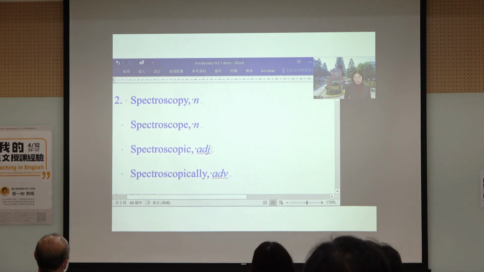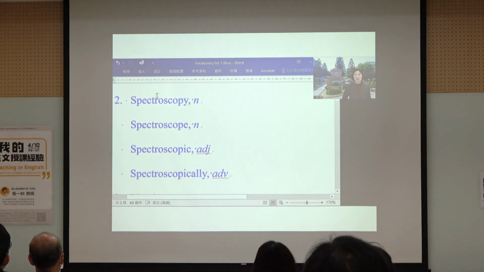The adjective is spectroscopic. Spectroscopic has an accent similar to spectroscope, not spectroscopy. Again, there's an adverb, spectroscopically. So all three have the accent in the same place, except spectroscopy. Spectroscopy has the accent in a different place, but they are the same type of words.